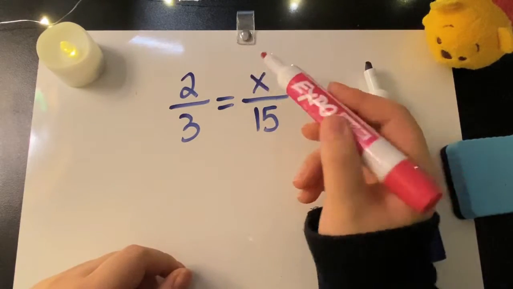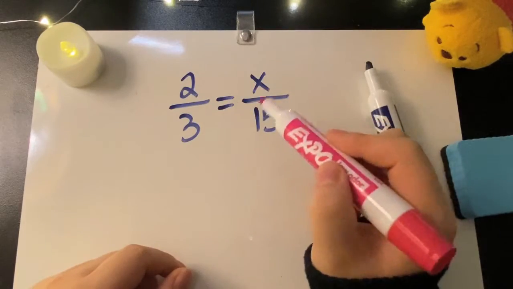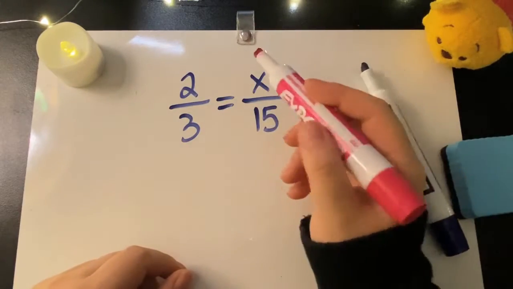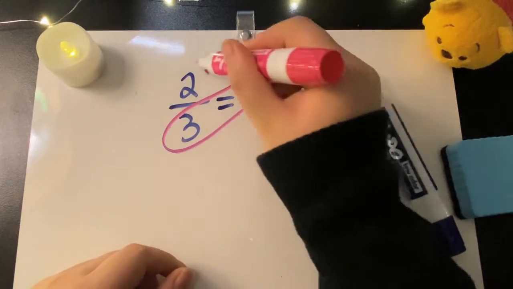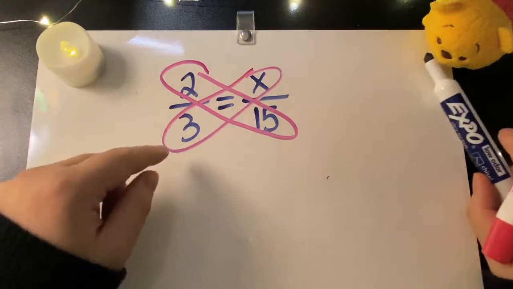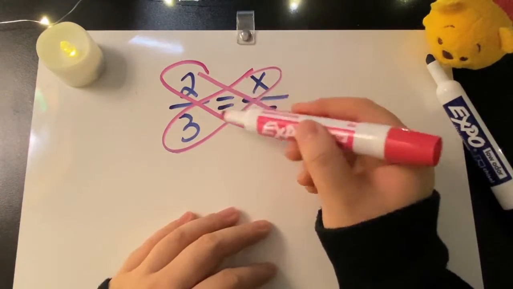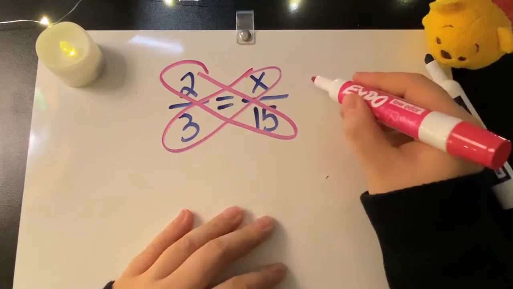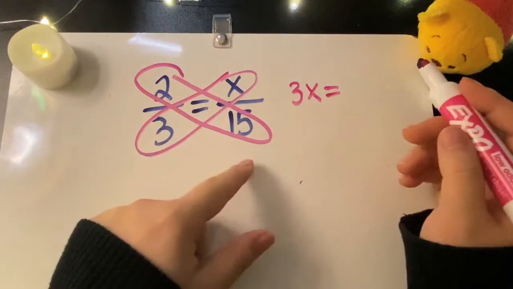The other is this idea of multiplying terms that are across from each other and setting them equal. So you might see this. We have 3 times x, with 3 and x across from each other over this equal sign. So we'd have 3 times x, set it equal to 2 times 15.